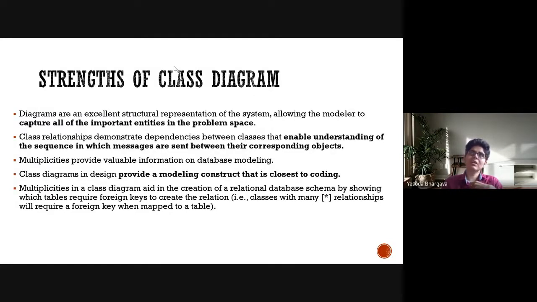Now that we know at least on surface level what are the strengths of the class diagram, just remember that it provides you enough confidence to develop your system before you are going to implement the system. So that is basically, personally, I would say what class diagram helps in. But don't feel that once you have made the class diagram, now that you're moving to coding, that communication has snapped.